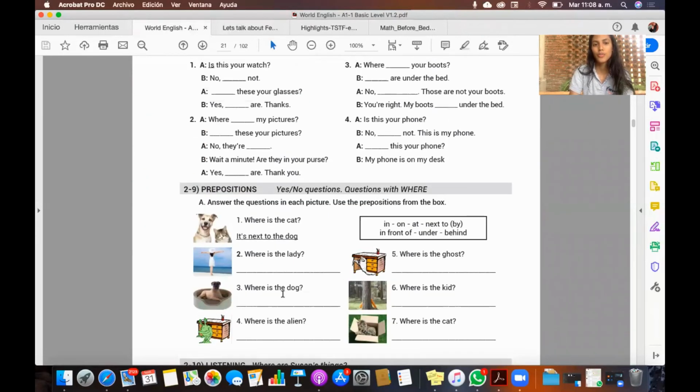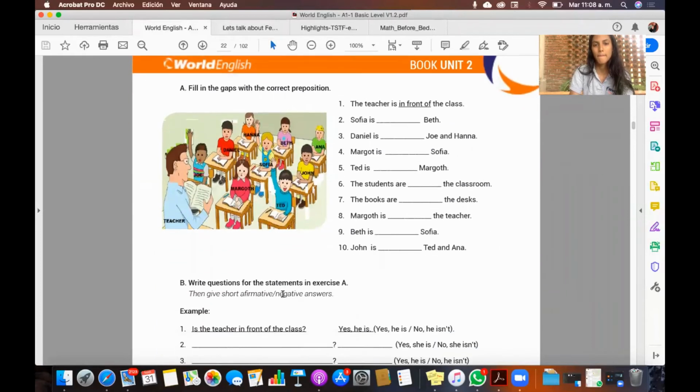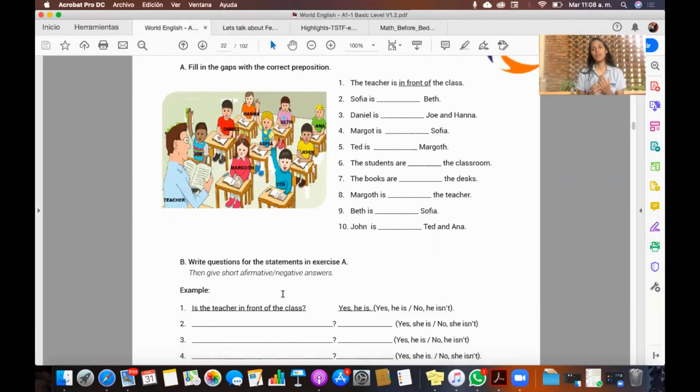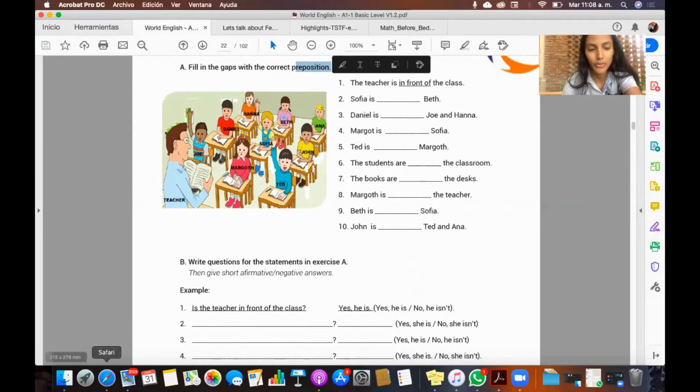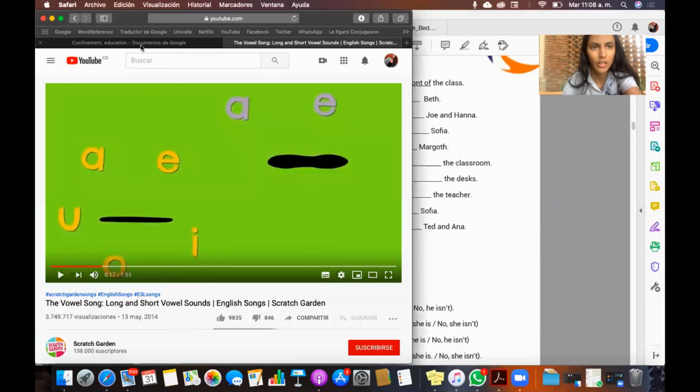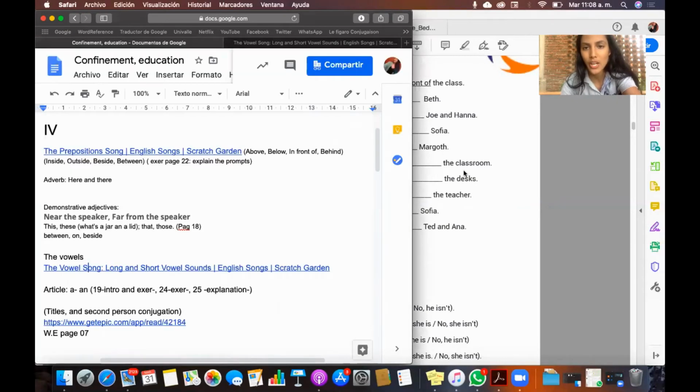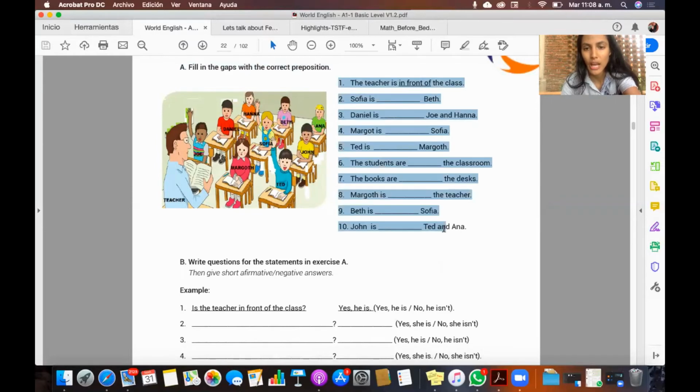And also, with the prepositions. The prepositions, do you remember about the song, the first song? In here, we have to use in front of, beside, in the middle, above, if it's necessary, below, on.